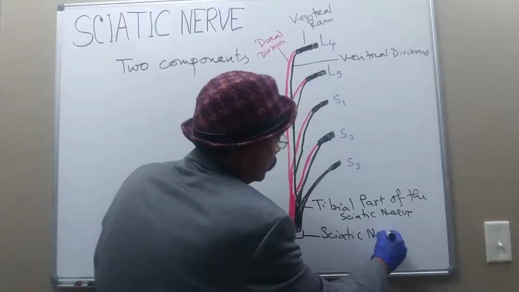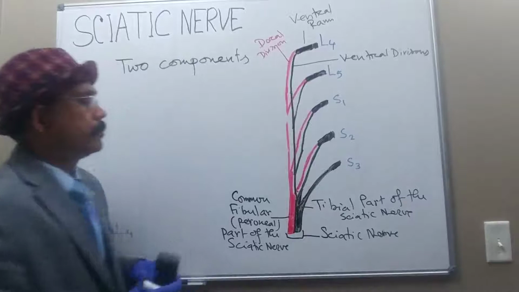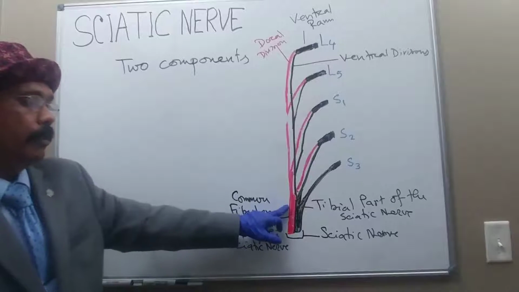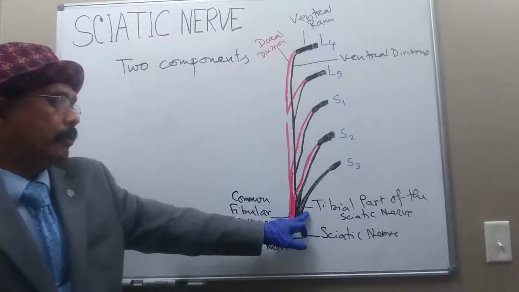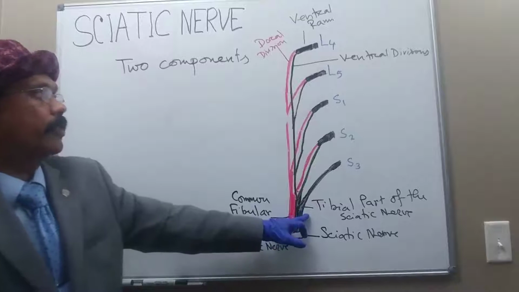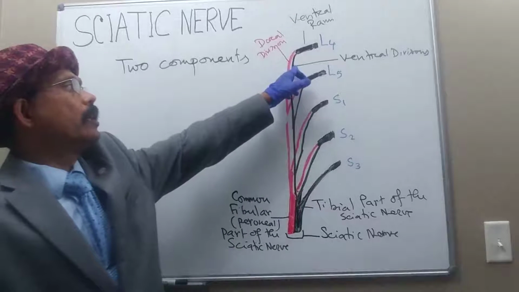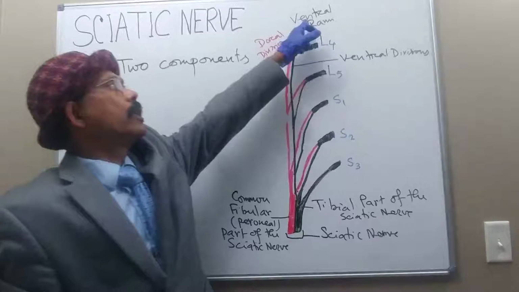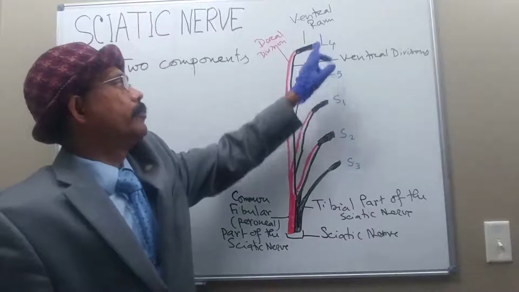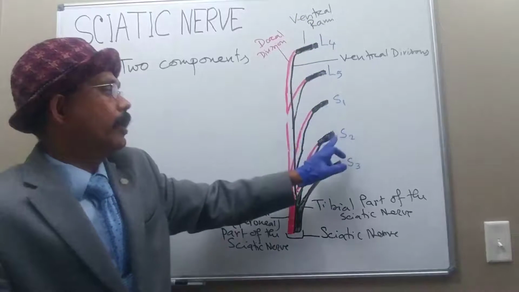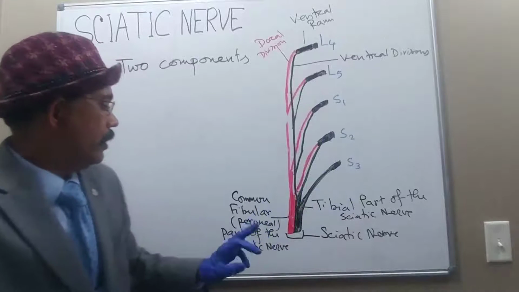Okay, we got the sciatic nerve, two components, common fibular component and tibial component. The tibial component comes from the ventral divisions of the ventral rami of L4, L5, S1, S2, S3.